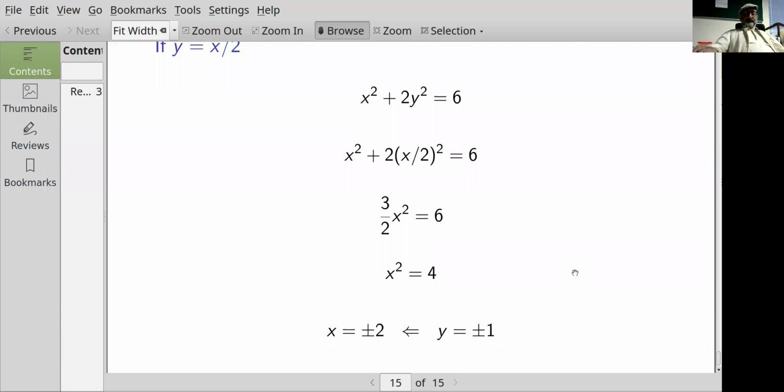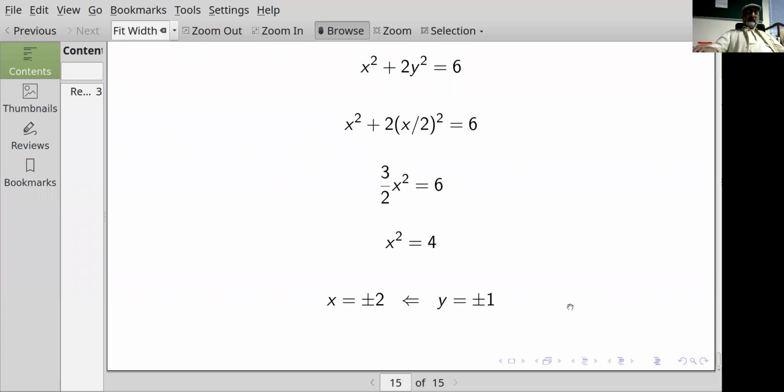So this is happening when x is equal to plus or minus 2, which implies that y equals plus or minus 1. Okay, so that's giving the points where the condition dx/dt equals minus dy/dt would hold.